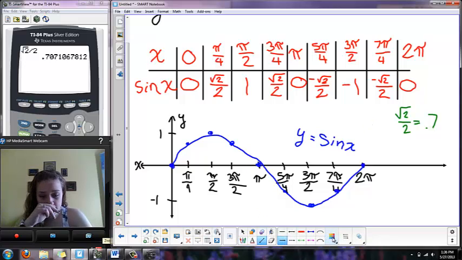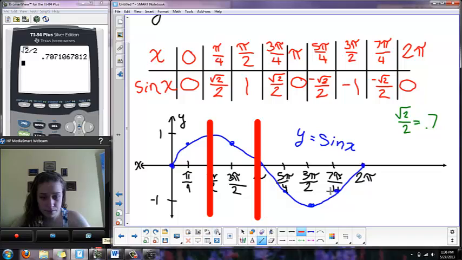Now, if you break it up into its quadrants, the quadrants that we have are between 0 and 90, so between 0 and pi/2, which is right here. So that's the first quadrant right in here. Between pi/2 and pi, or between 90 and 180, that's the second quadrant. Third quadrant is between 180 and 270.